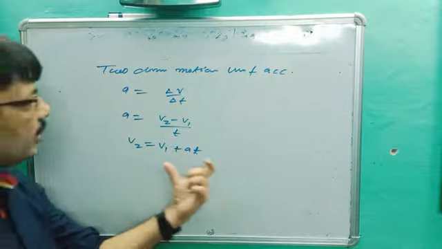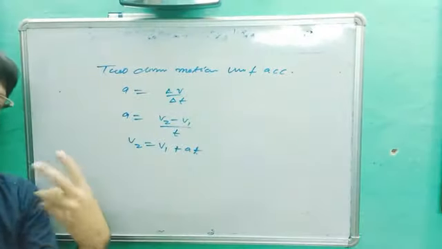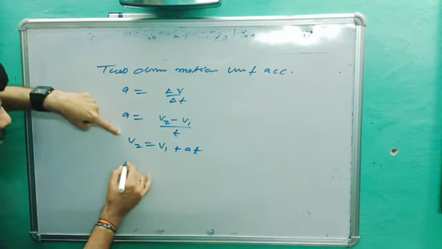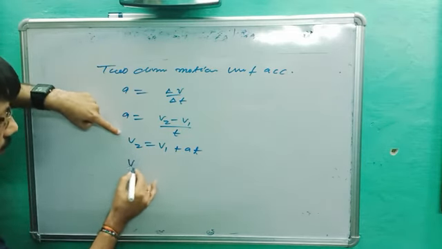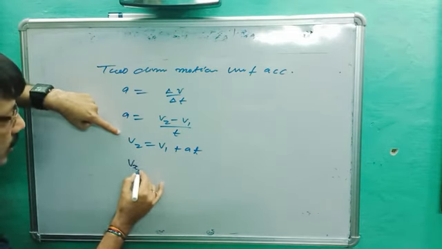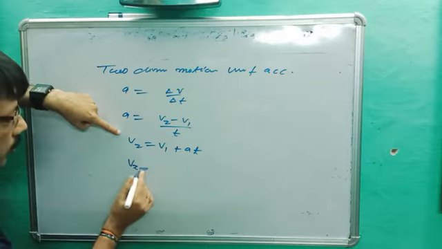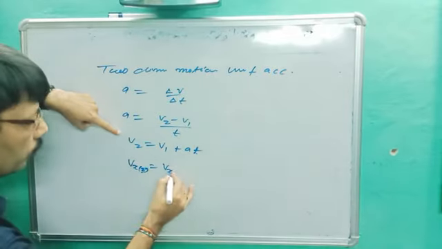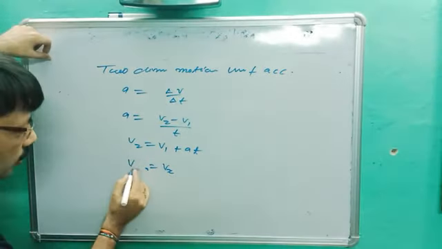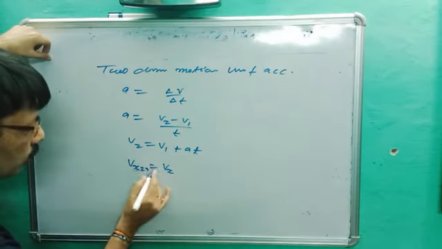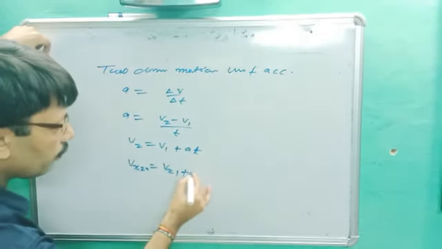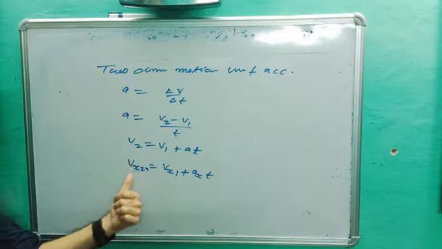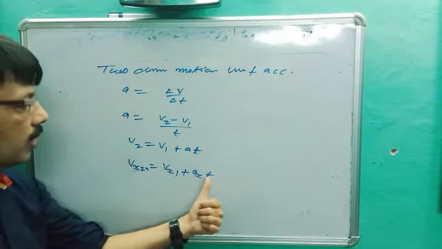Now everything is divided in two parts, one x and another y, because we are studying two-dimension motion. So it can be written as Vx2 is equal to Vx1 plus Axt.